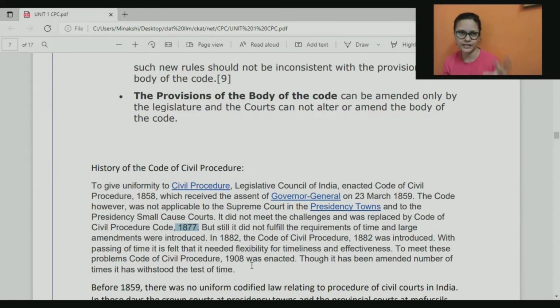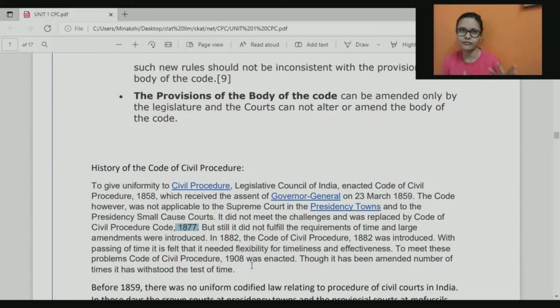For motor accident claims matters, let's introduce a tribunal, and that tribunal will have sole authority to decide on such matters. So in order to reduce the burden of civil courts, a lot of other things are also being done, like setting up of tribunals, setting up of some special courts, referring some matters for mediation, arbitration, and stuff like that.